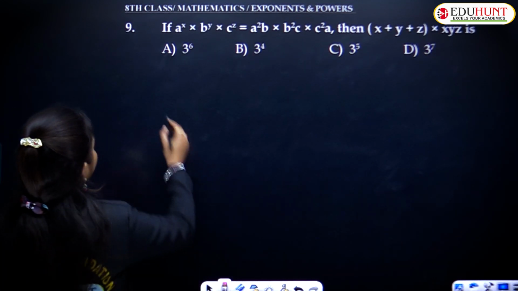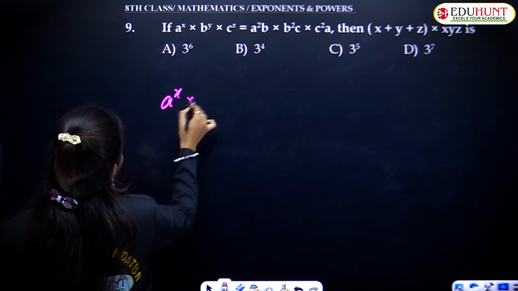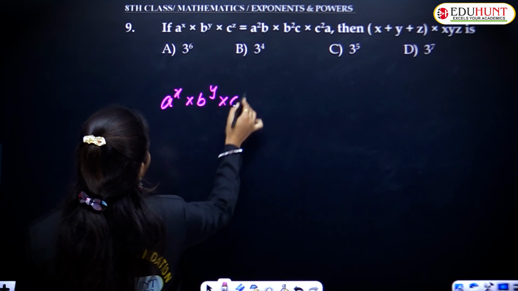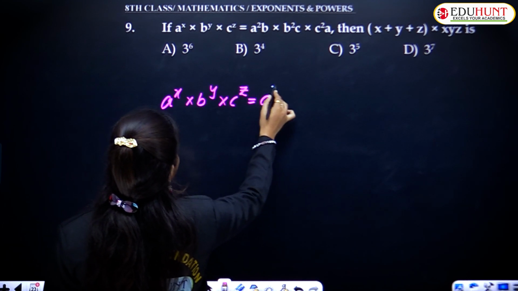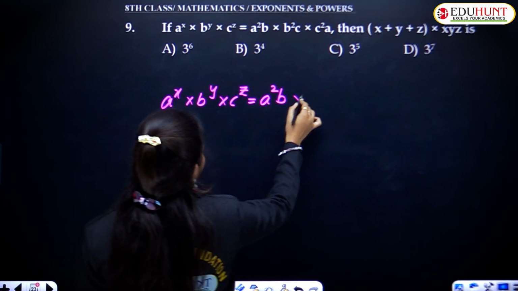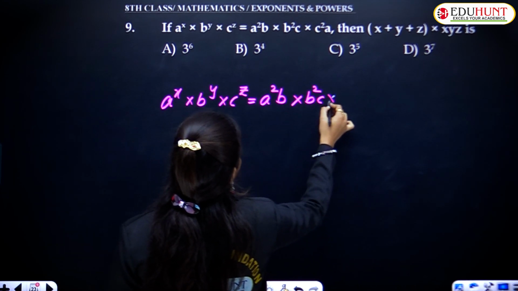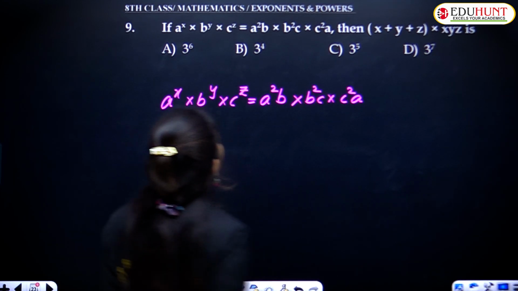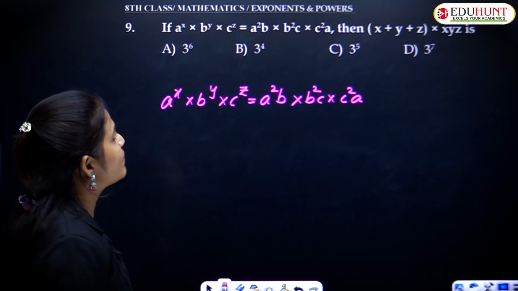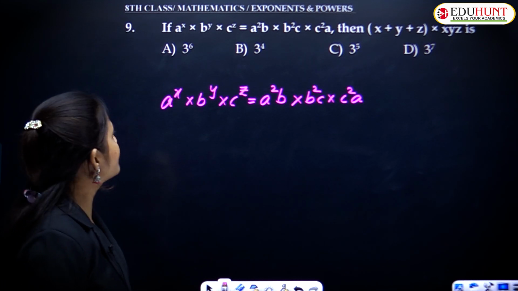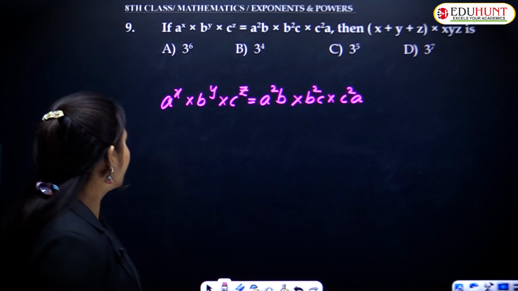That is, if a power x into b power y into c power z is equal to a square b into b square c into c square a, then we need to find x plus y plus z into x y z. Okay, so let us see that.